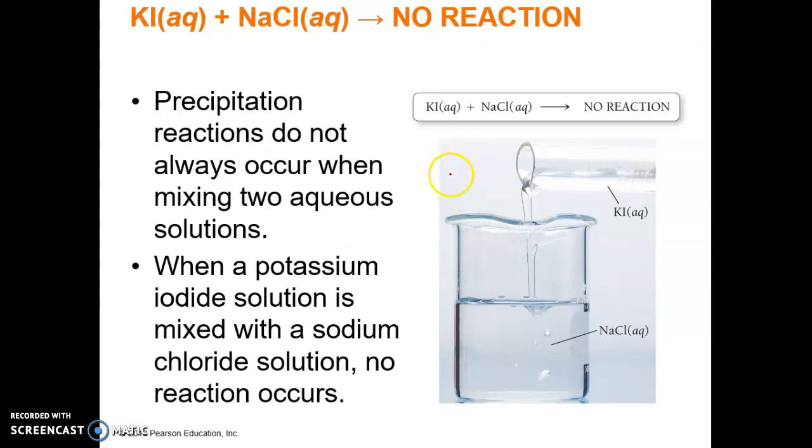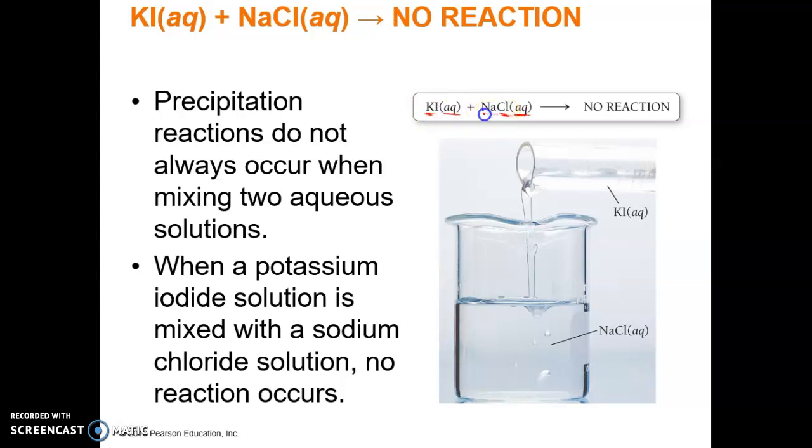All right, here is another reaction. This is a reaction of two aqueous solutions, KI and NaCl. This has no reaction, because the cation of this one would go with the anion of this one, and from the solubility rules, something with a potassium is going to be soluble.